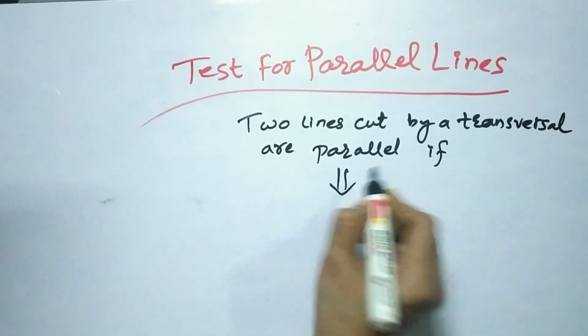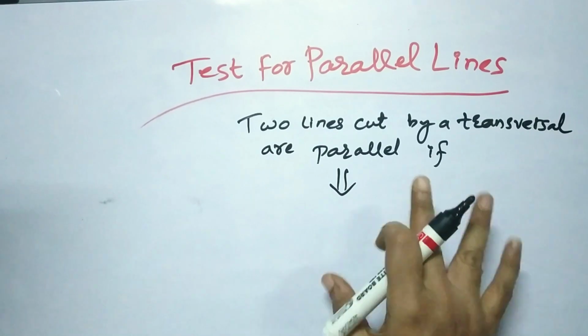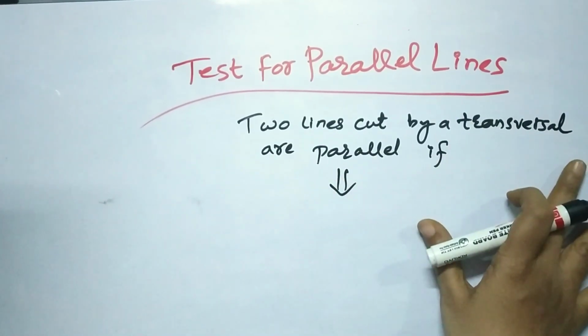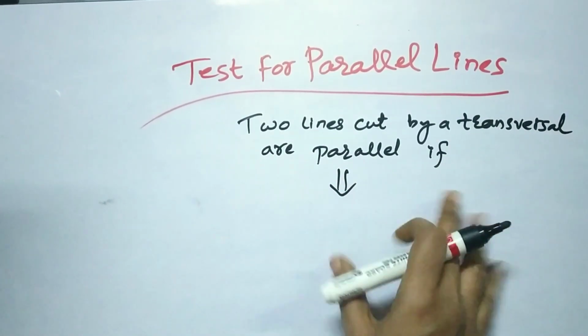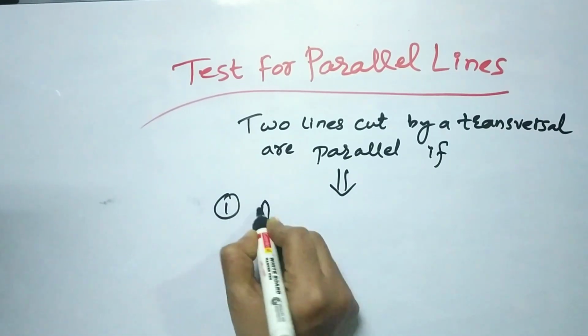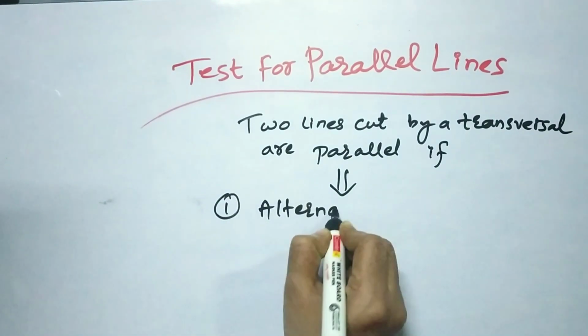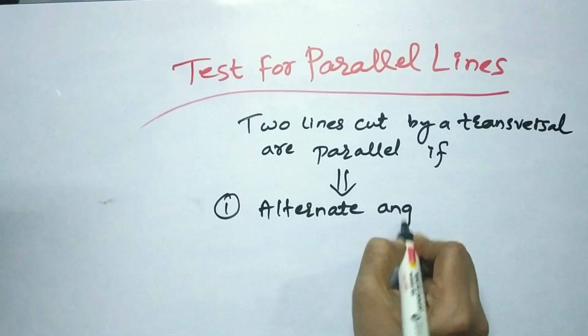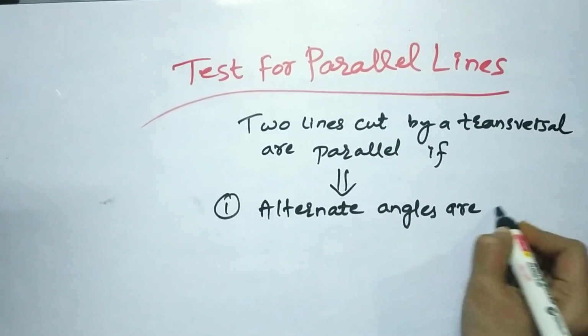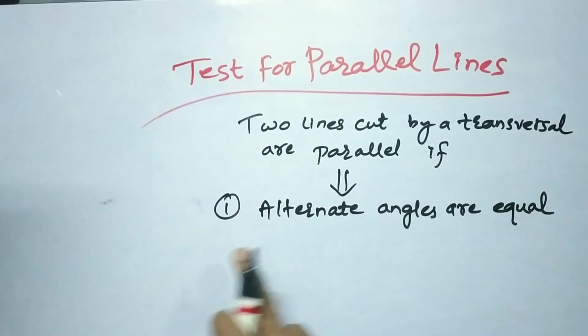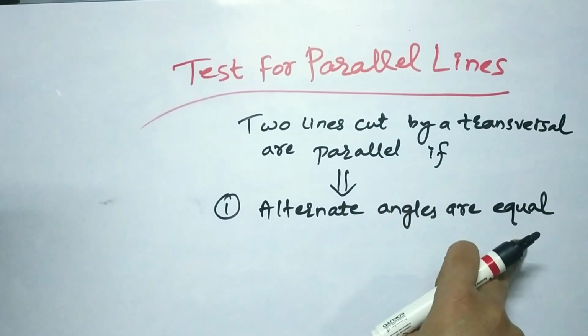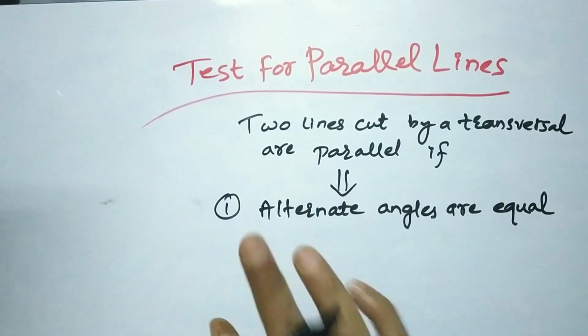any one of the following conditions is true, then you can say that the two lines cut by the transversal are parallel. First of all, you check whether the alternate angles are equal. If the alternate angles are equal, then you can say the lines are parallel.